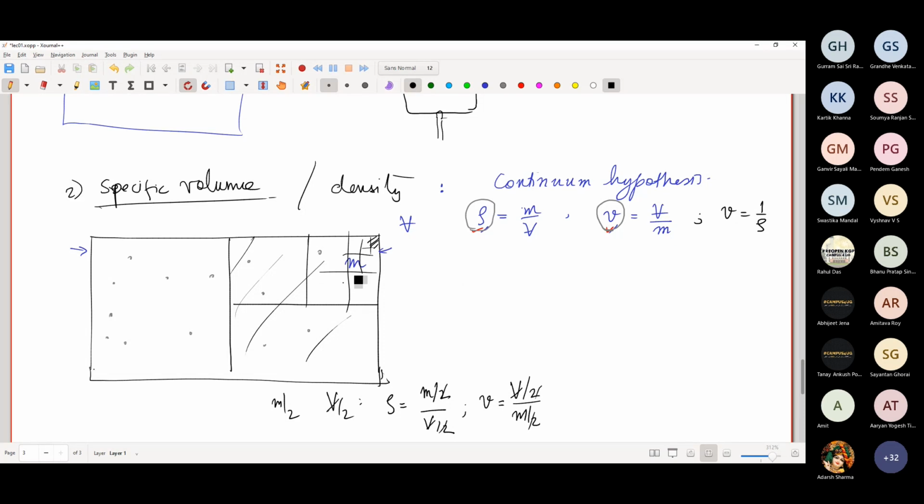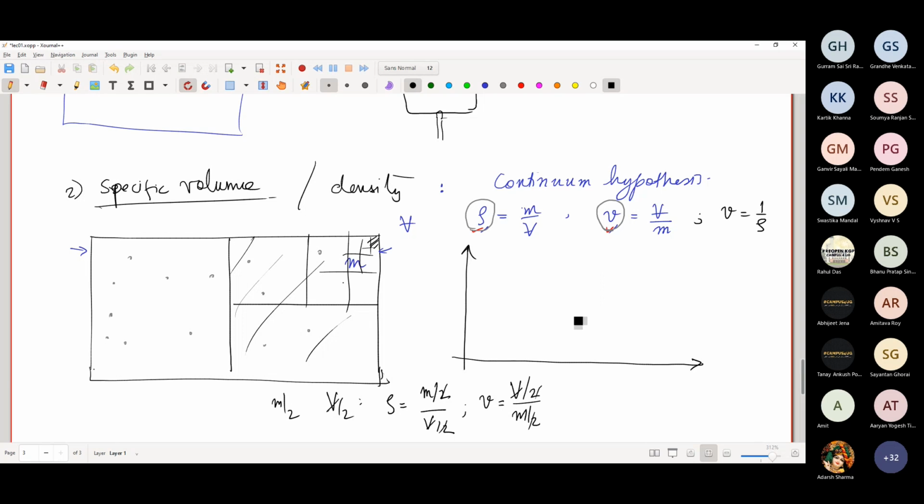And it could be some factor times the mean free path, maybe like 10 or whatever. But the point is, beyond a certain length, you're not going to get any significant variation.